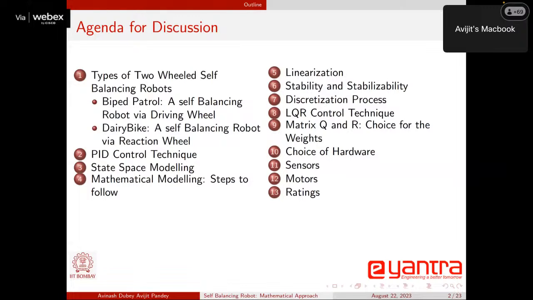Then we'll learn about linearization, stability, stabilizability, and how discretization is done for a continuous time system. Then we'll learn how the LQR control technique is implemented and its elements like the weight matrices Q and R. Then we'll also talk about the hardware that we have used to create our own two-wheel self-balancing robot. So let's dive into the first topic.